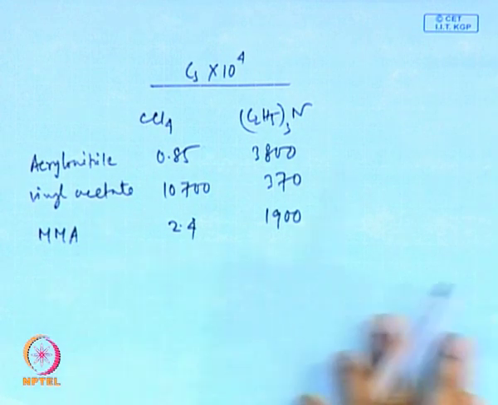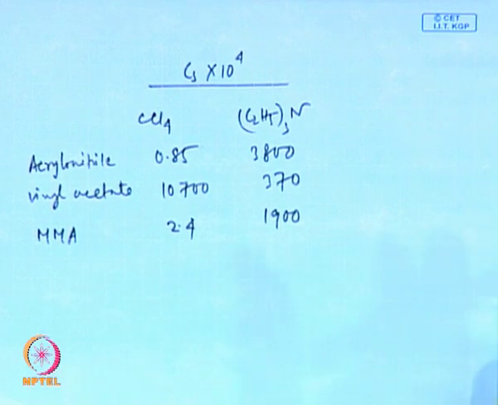So, what is the utility of transfer reaction, or how can it help you in this learning on transfer reaction? Say you are trying to polymerize a monomer and at the end you are not able to get the high enough molecular weight which you planned from your experiment, then what are the possibilities?